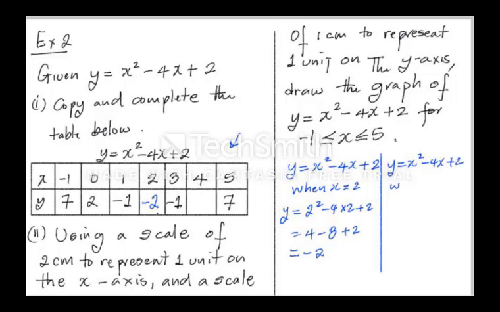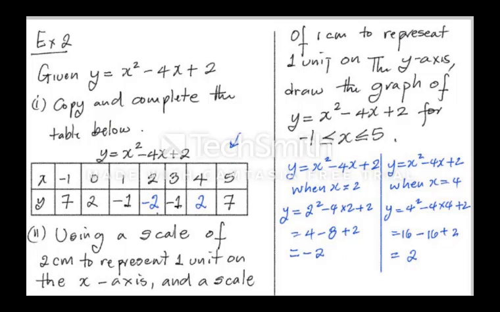When x is equal to 4, y would be 4 squared minus 4 times 4 plus 2. 4 squared would be 16, minus 4 times 4, which is 16, plus 2. So y here would be 2. So the missing value of y there would be 2. So we completed the table.